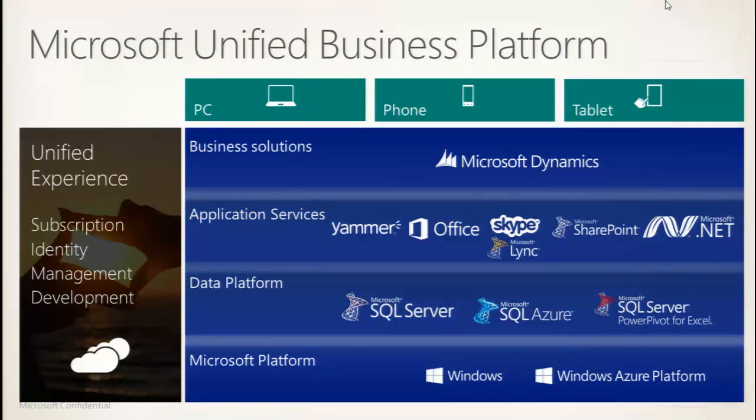At the same time, if you look at the left, for customers deploying Dynamics, we want to provide a unified experience, whether it's in subscription, identity, management, development, all of that. We want to keep it pretty consistent. And this is one of the reasons we moved to the Microsoft Online Services platform.